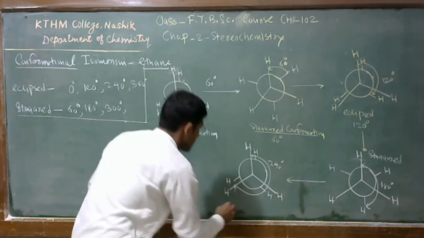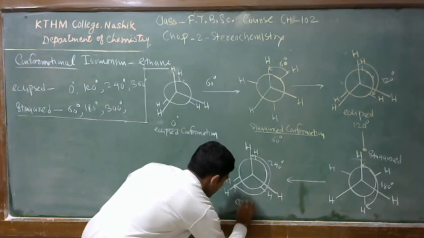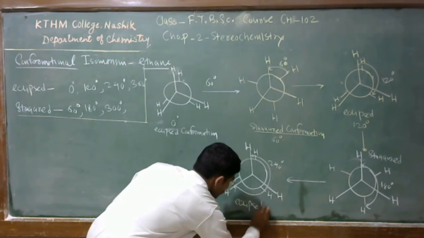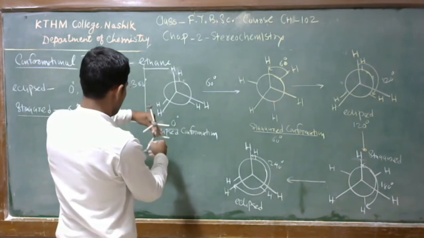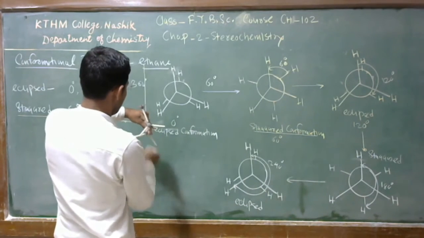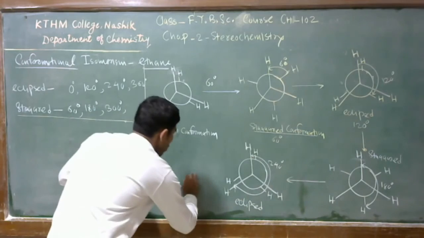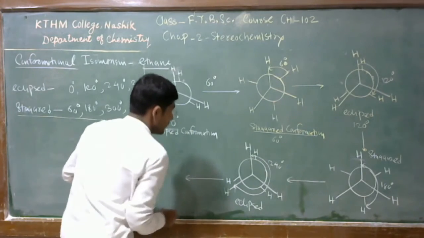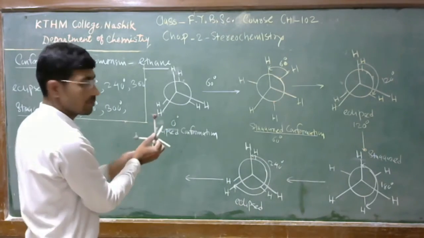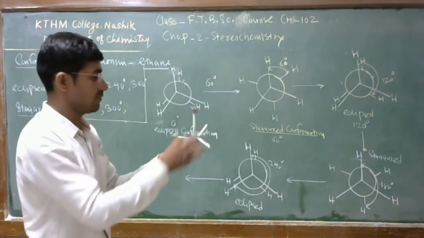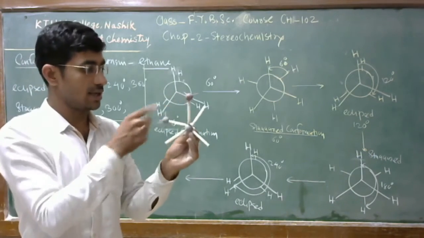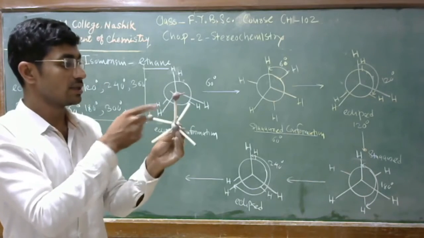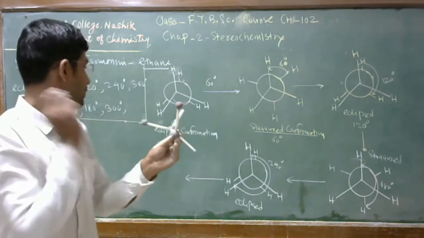That is the eclipse conformation. What we call eclipse. Eclipse conformation 240. Again angle 60. So overall angle becomes 300. That is nothing but staggered conformation. If you view like this, this is nothing but staggered conformation. So this angle is 300 overall.